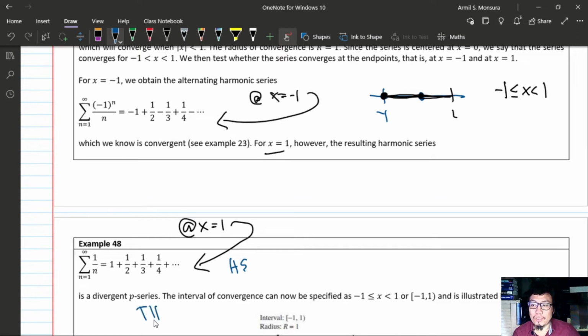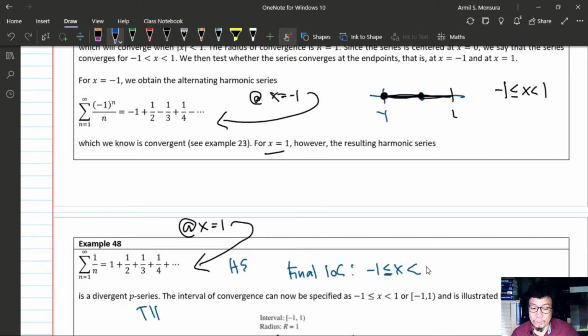So therefore, the endpoint positive 1 is not included in the interval of convergence. Our final interval of convergence is -1, x, and we notice that we place an equal sign here so that we say that -1 is included in the interval of convergence.